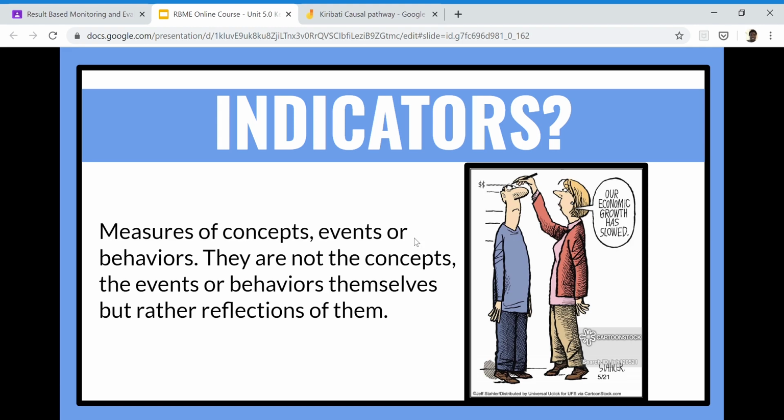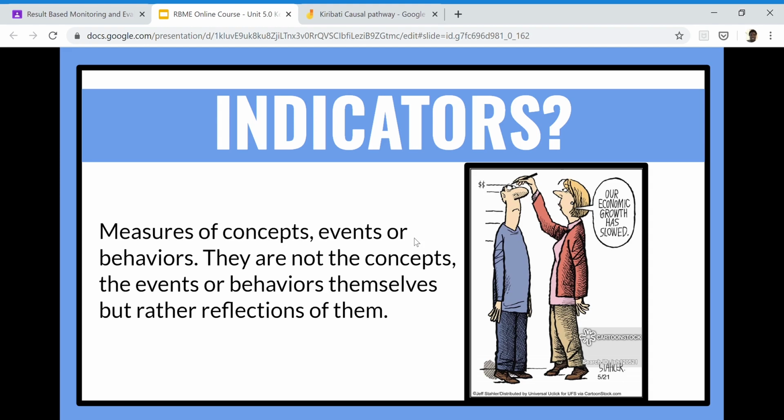So an indicator for that will be you now measuring, for example, the number of hours you have committed to training the teachers in pedagogy. So it's a measure of such events, a measure of concepts, and a measure of behaviors as well.